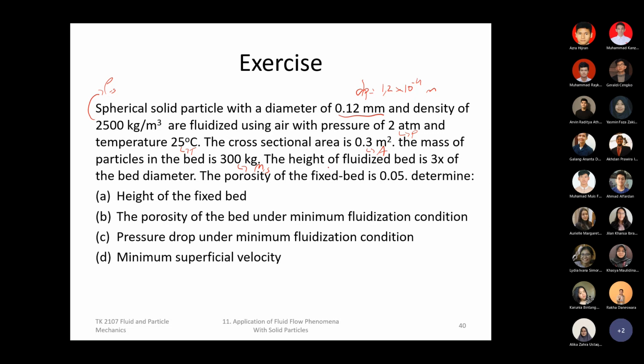And then it was reported that at fluidized bed condition, the L fluidized is equal to 3 times the diameter. Okay, here the porosity is assumed to be 0.05. And the question now is, what is the height of the fixed bed?